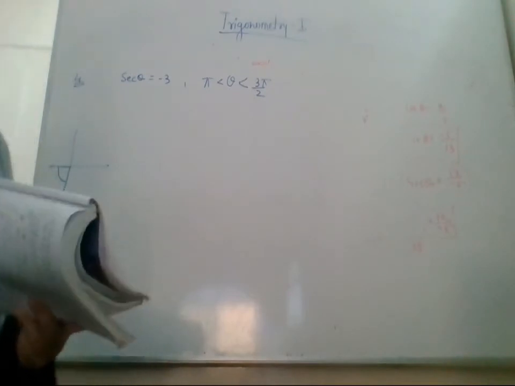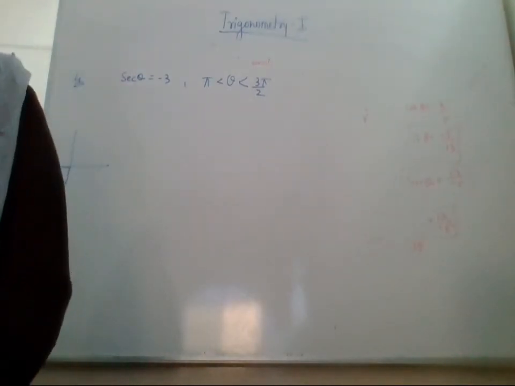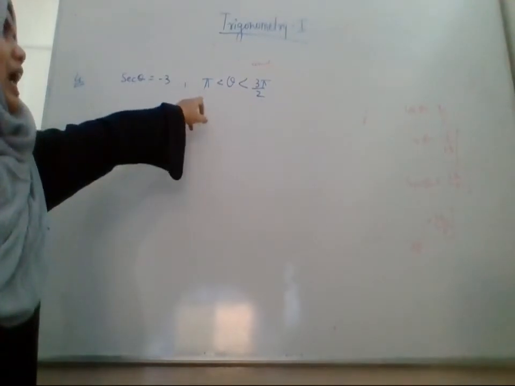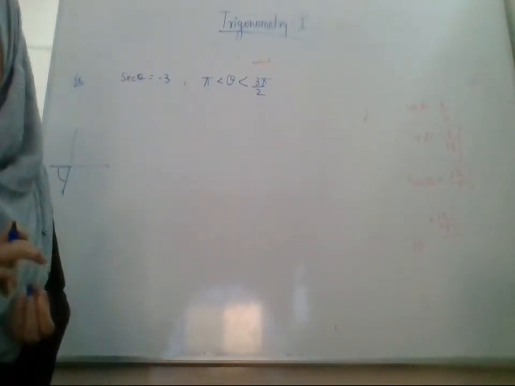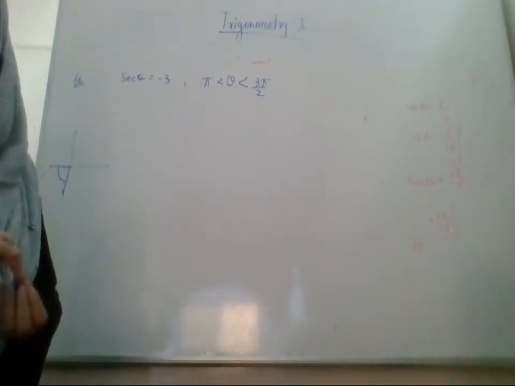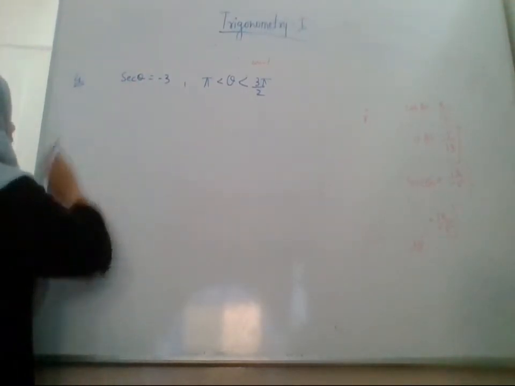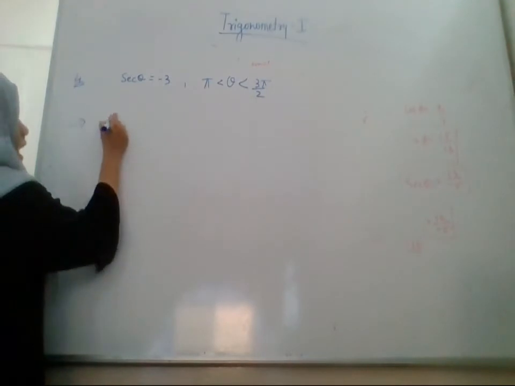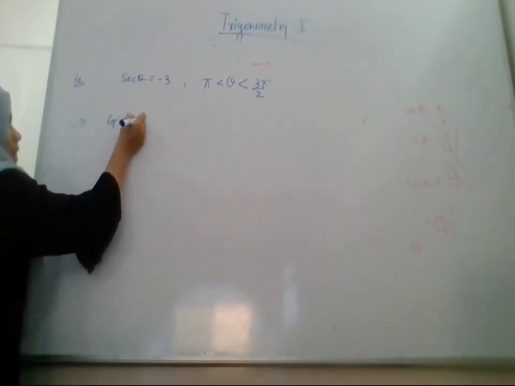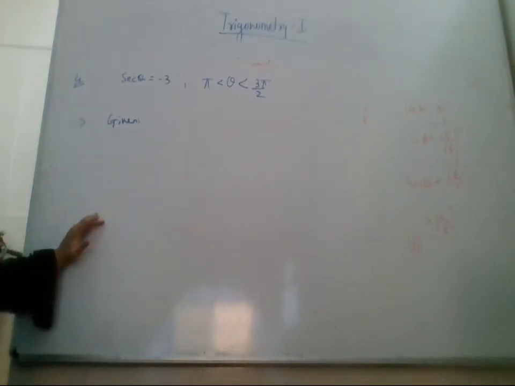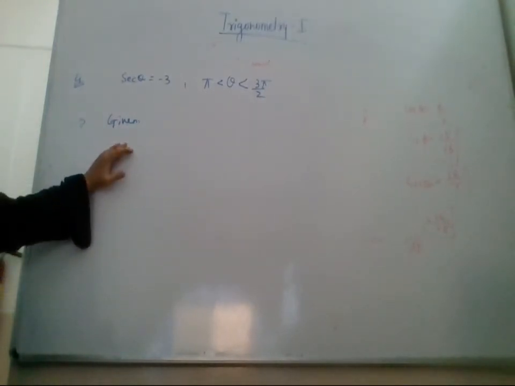So we have only two things with us. The value of sec theta is minus 3 and theta is in the third quadrant. So we have to find out all other values. Okay. So, solution. Given that, always remember one thing: before solving any problem, first of all you have to write the given things.